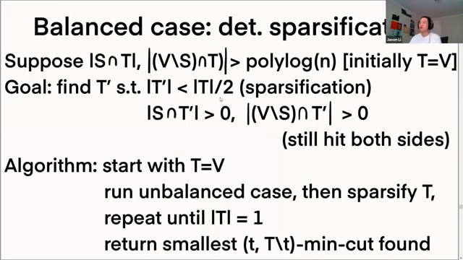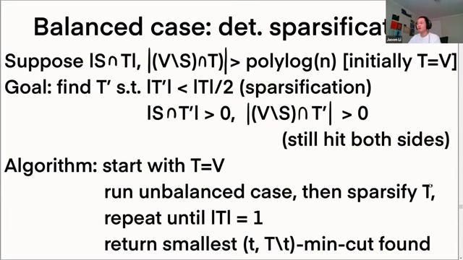So now, assuming this sparsification, our algorithm should be very simple. We're going to start with T to be the entire vertex set. We're going to run the unbalanced case and just compute a cut. This might not be the min cut if the setting is actually balanced, because we don't know which case it is. We just run the unbalanced case, and then we sparsify T. And then T is now a sparsified set.